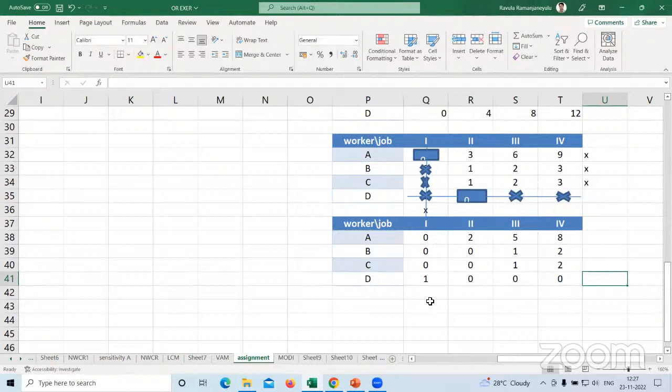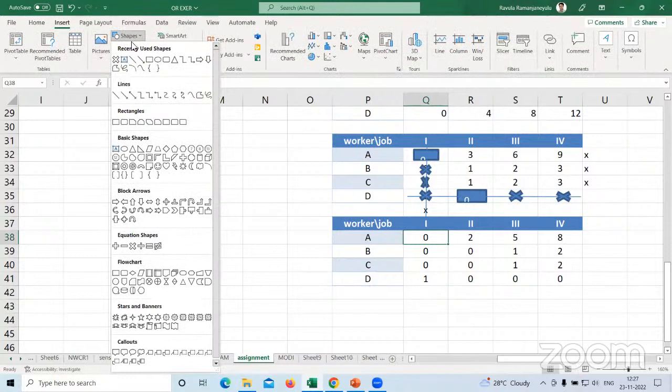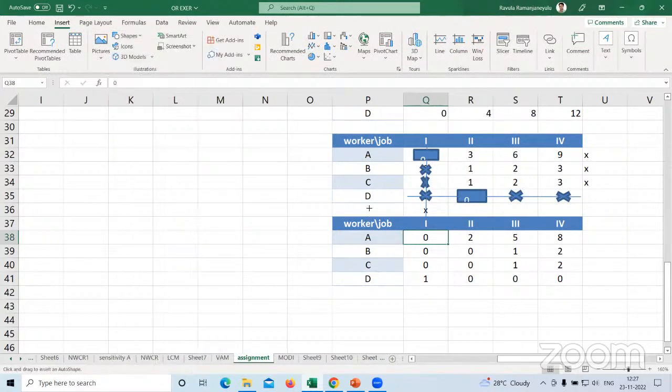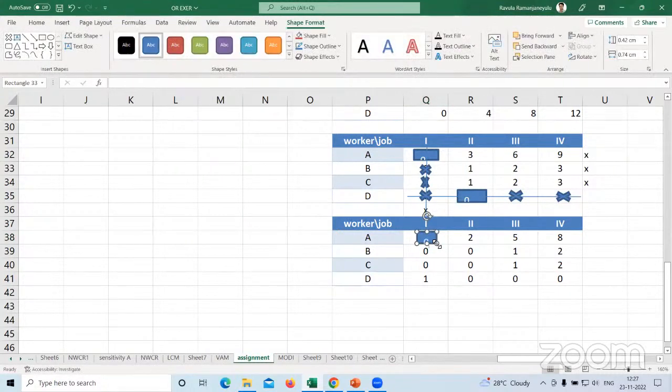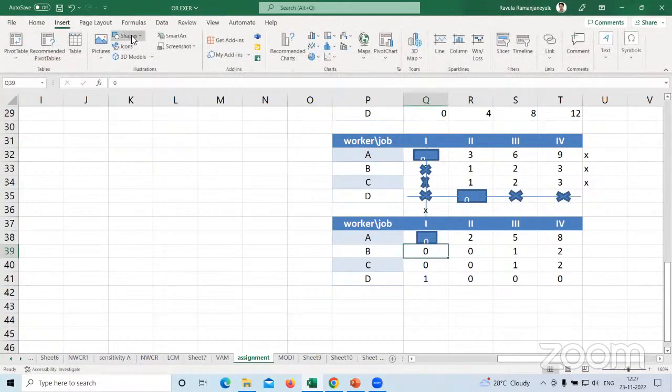Now again we need to assign wherever we are finding a single 0. So first row, first column, we are finding one single 0. Second row, second column, no. When we are assigning here, we need to cancel these things, right? Yes, sir.